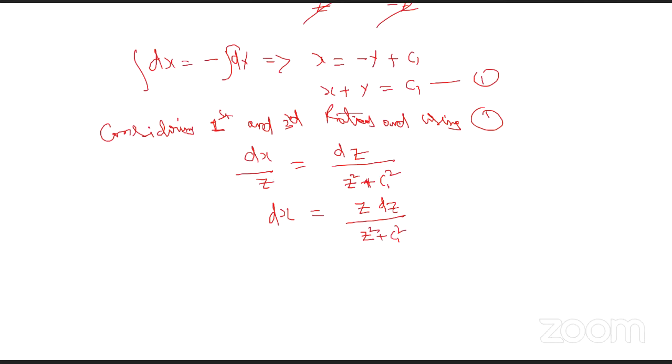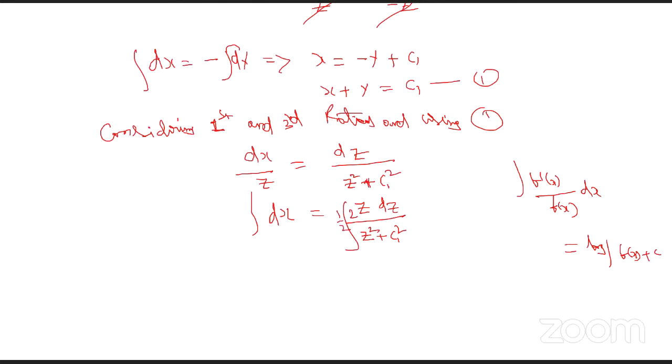So we have a formula from integration: integral of f dash x by f of x dx equals log mod f of x plus c. So integrating both sides, multiply and divide by 2.